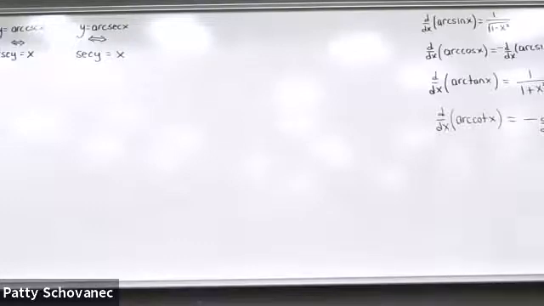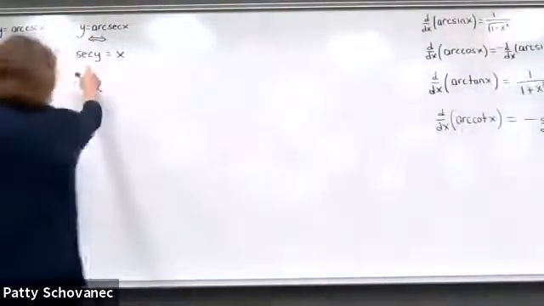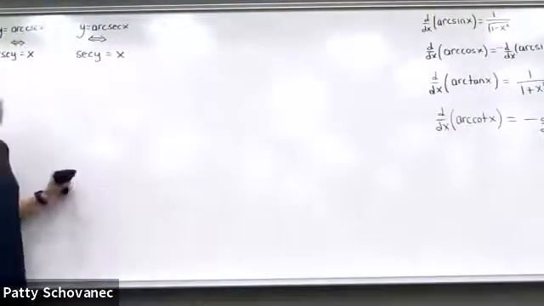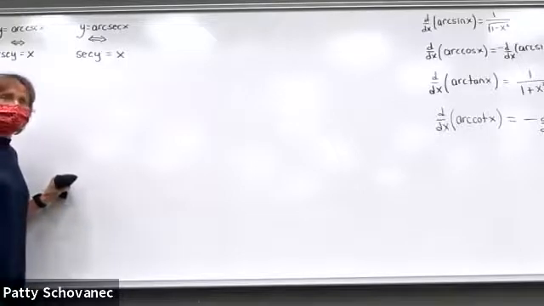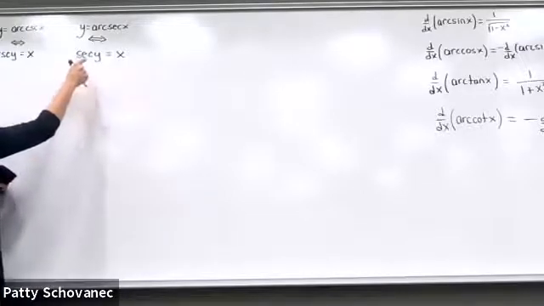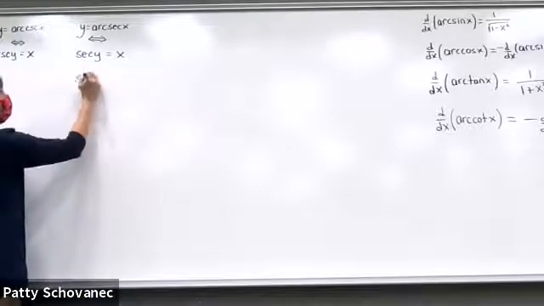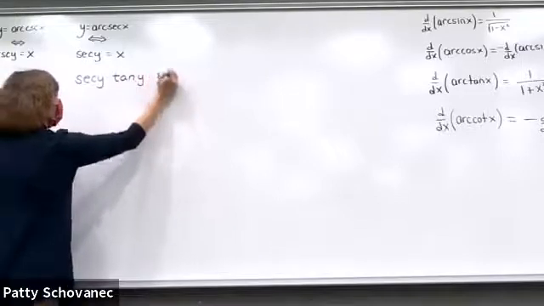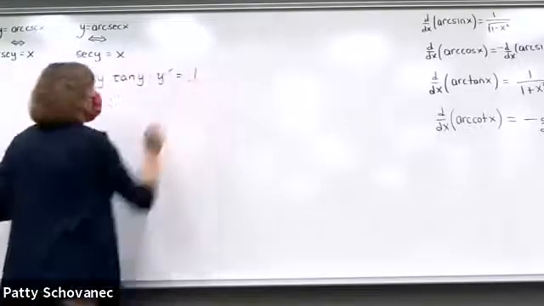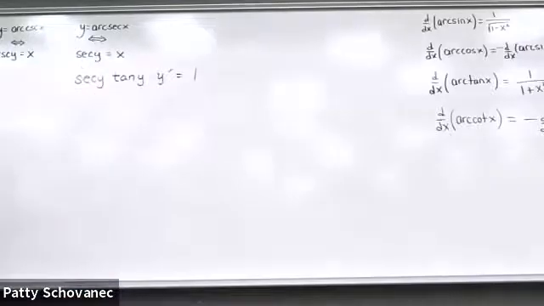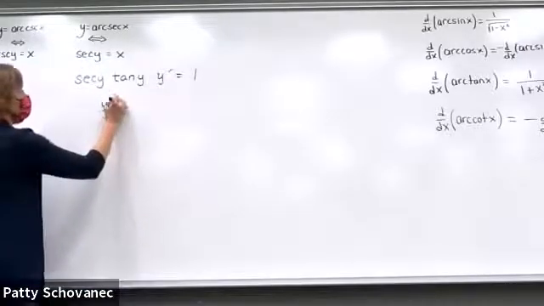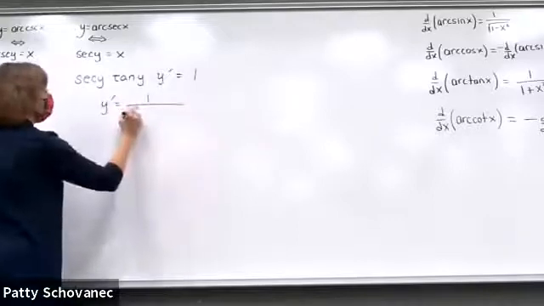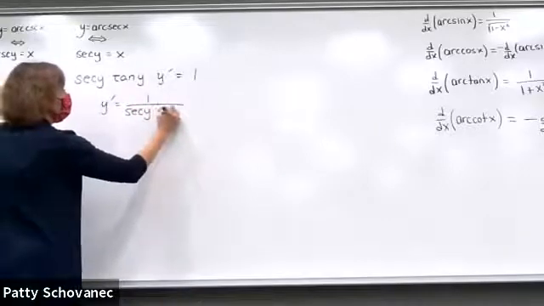So now we do implicit differentiation. The derivative on the left-hand side: now you're going to tell me what the derivative of a secant is. So here it'd be secant y tangent y times y prime. And on the right-hand side, the derivative of x is just 1. So y prime is 1 over the secant of y times the tangent of y.